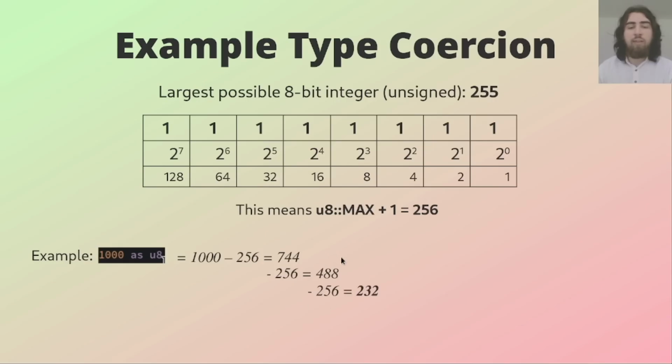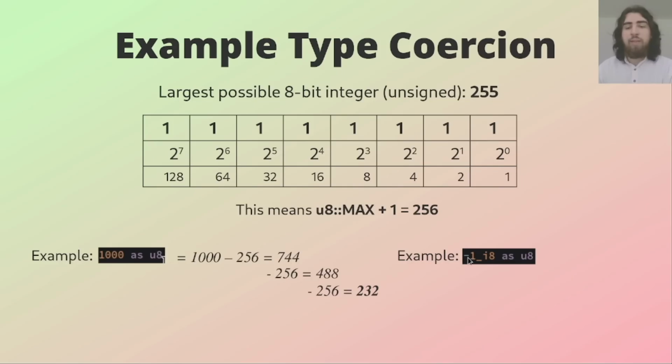So again, the same thing, it will subtract 256, and this will leave us with 232, meaning this will then be the returned value when we cast 1000 as U8. Because remember, an 8-bit unsigned integer can't represent 1000, it's out of bounds.